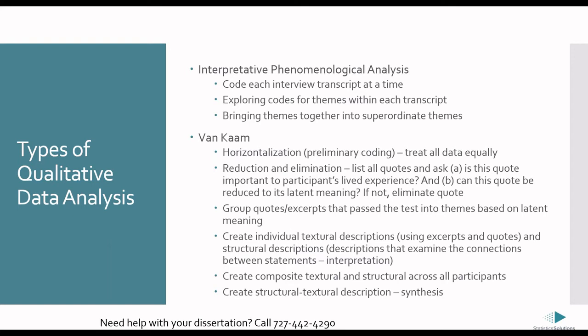This is where you list all of those quotes that you have come up with during horizontalization, and you ask a couple of questions of those quotes. Is the quote important to the participant's lived experience? If not, you get rid of that quote. The second question is, can this quote be reduced to its latent meaning or its core meaning? And if not, then you eliminate the quote.